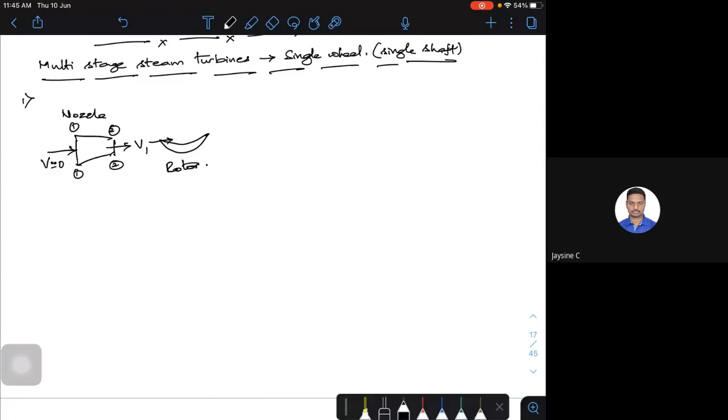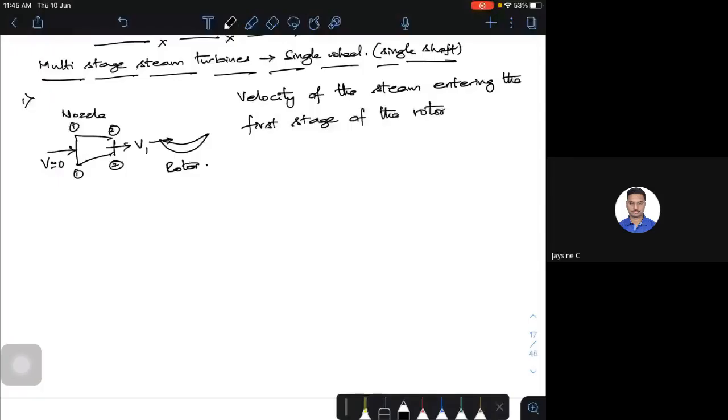The velocity of the steam entering the first stage of the rotor is your V1.